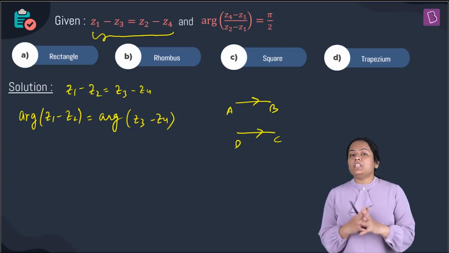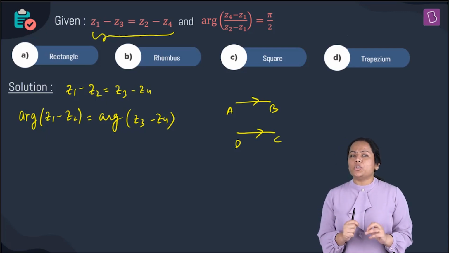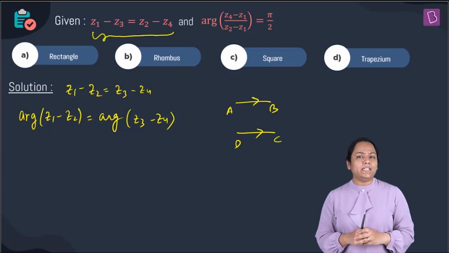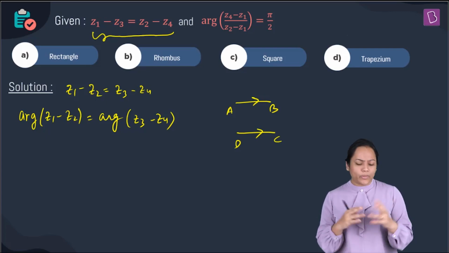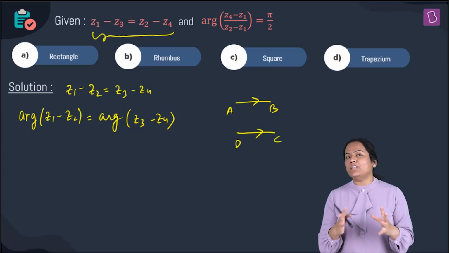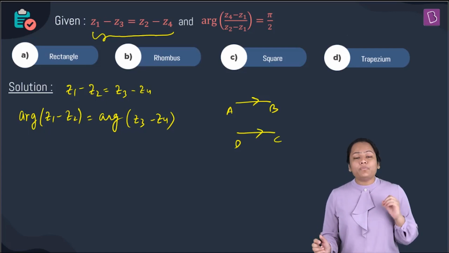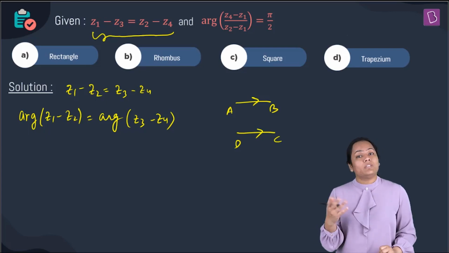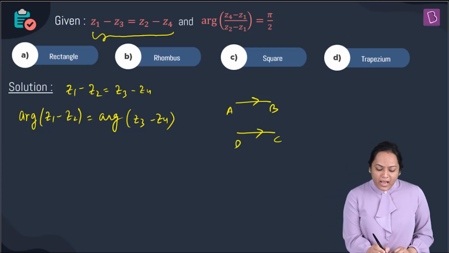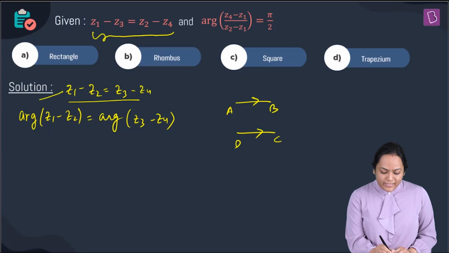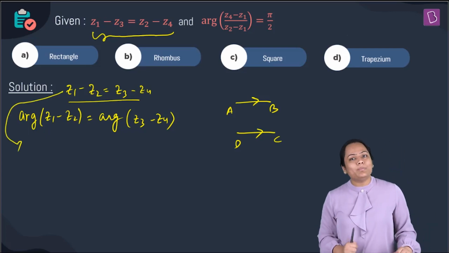Okay, so if these two are parallel, can I get information about the length of AB and CD? How can I get that? Well, yes, you are correct. We are going to use the relation of modulus. If I have two equal complex numbers, I can definitely say that their modulus will be equal.